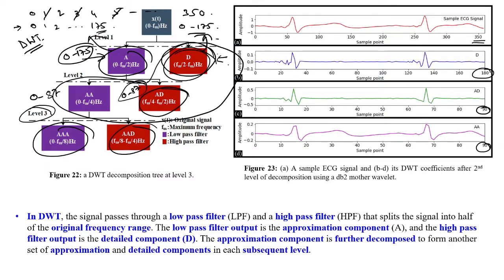So what we want to create are coefficients in the decimated discrete wavelet transform, where the total length of all the coefficients is equal to the same number of samples as in the original signal.